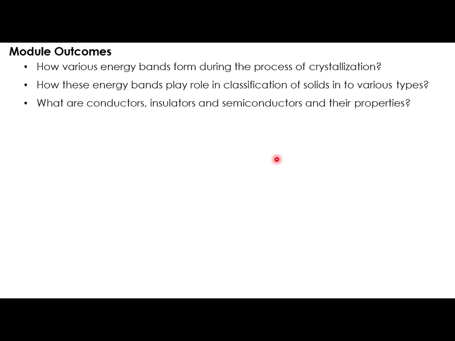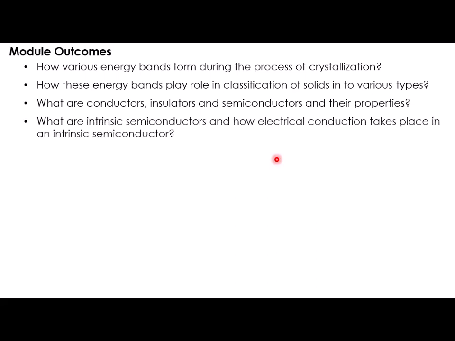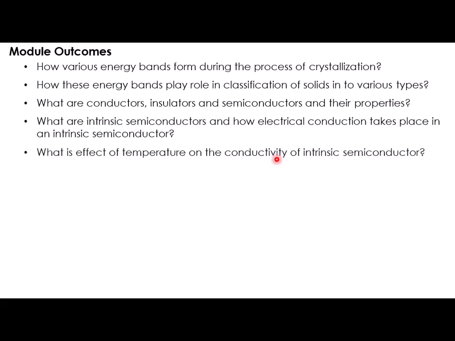What are conductors, what are insulators, and what are semiconductors, and what are the typical properties in terms of conductivity and resistivity. Also, you will be able to answer what are intrinsic semiconductors and how electrical conduction takes place in intrinsic semiconductor. Further, you will be able to answer what is the effect of temperature on the conductivity of intrinsic semiconductor.